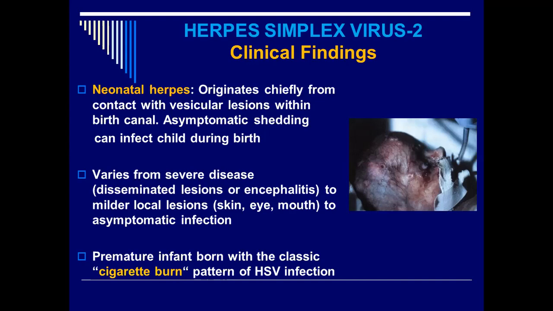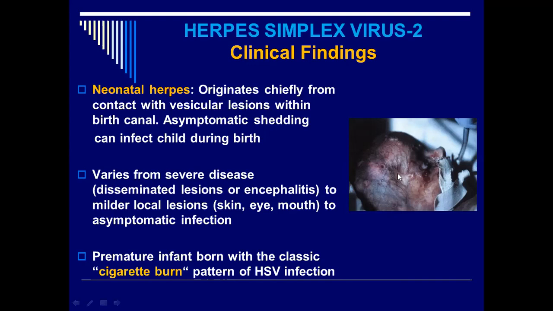Now, the disease varies from severe forms like disseminated lesions or encephalitis. If you look at this, we have the lesions in this area. To milder local skin lesions in the eyes and the mouth, and to asymptomatic infections. The premature infants are born with what we call the cigar burn. It looks like the skin has been burned with a cigar, so it was called the cigarette burn skin lesions.